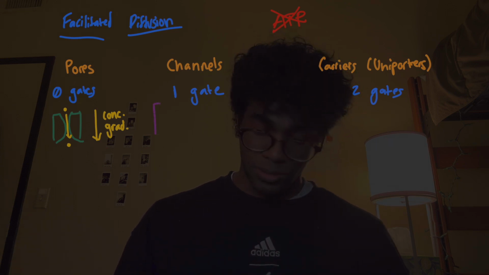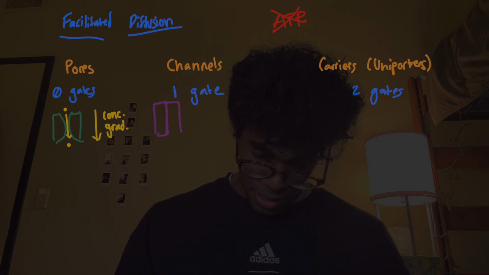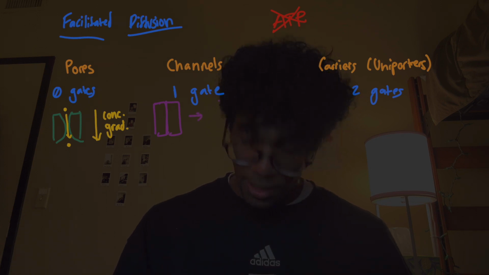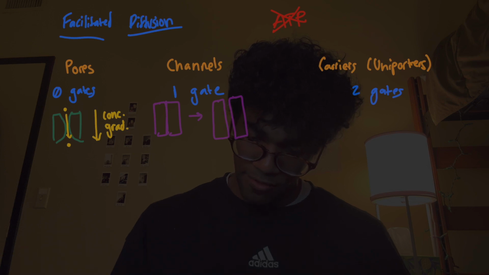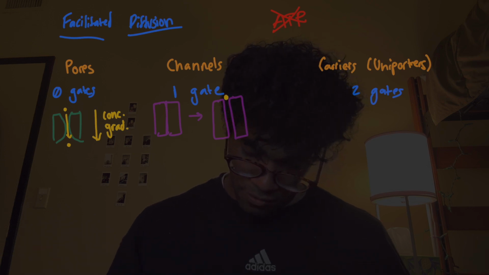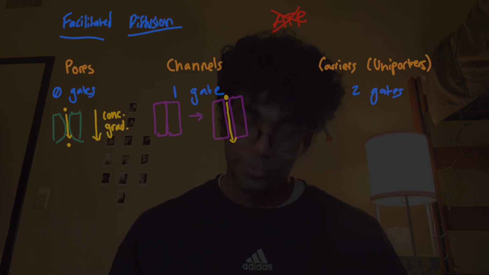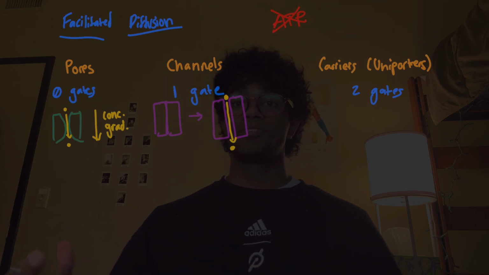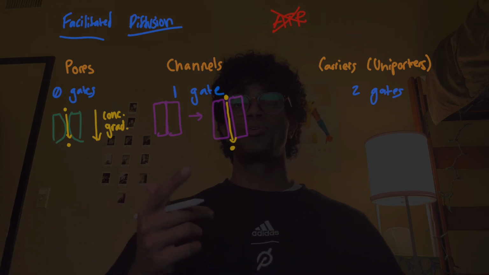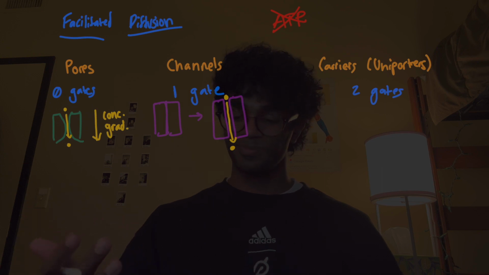So it's going to look like this. And this gate can open, leading us to have molecules flowing down. And these gates are stimulated to be opened using electrical, chemical, or mechanical signals.